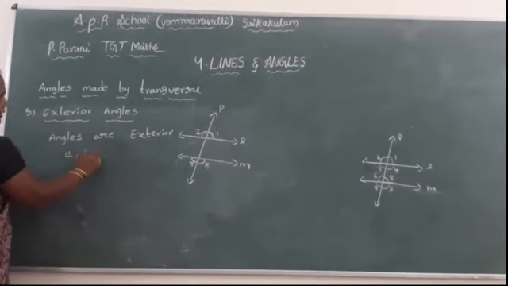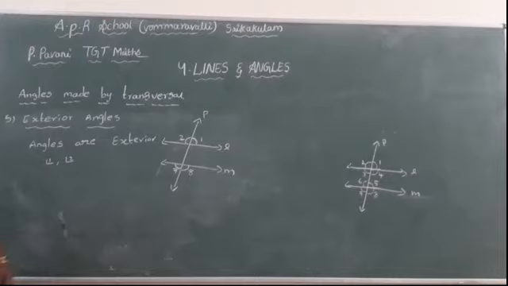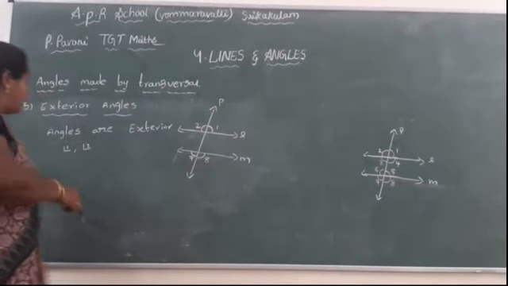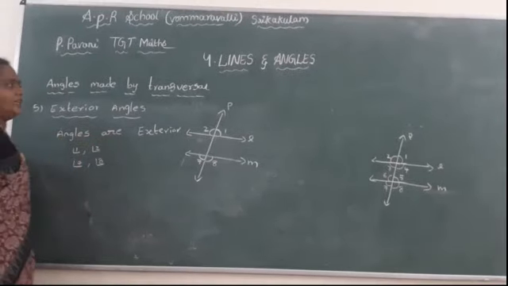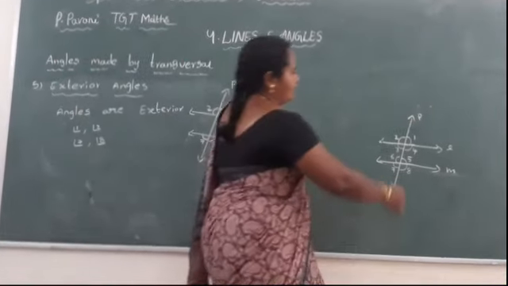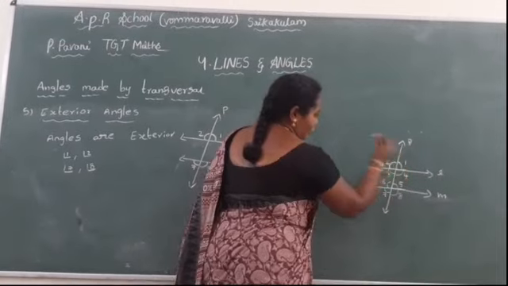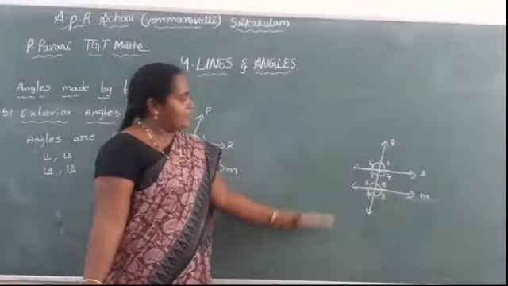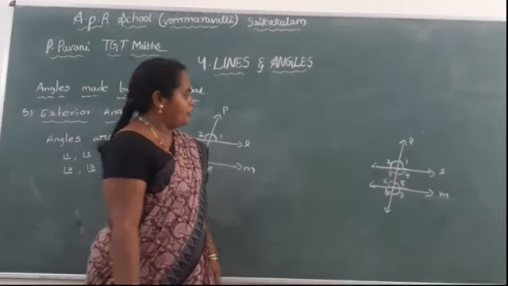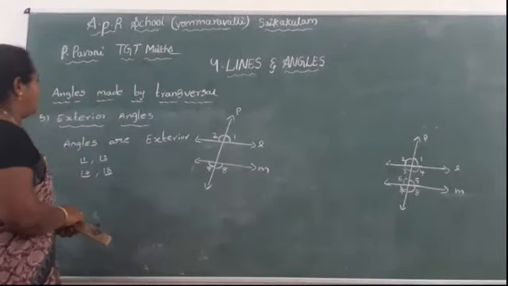Angle 1, angle 2, angle 7, angle 8. Angle 1, angle 2, angle 7, angle 8 are exterior angles. Are you clear? Next one.